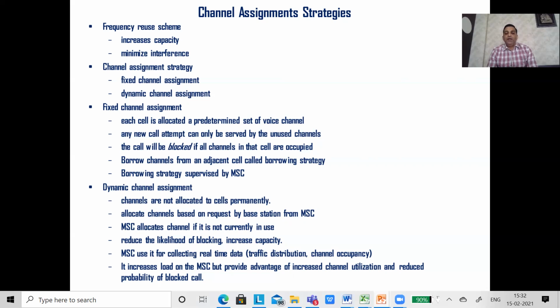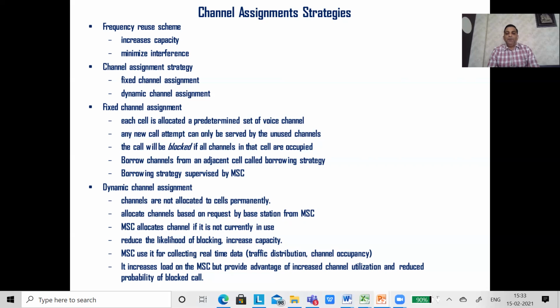It will be reduced greatly. MSC can use it for collecting real-time data, traffic distributions, and channel occupancy. It increases load on the MSC but provides the advantage of increased channel utilization and reduced probability of blocked calls.